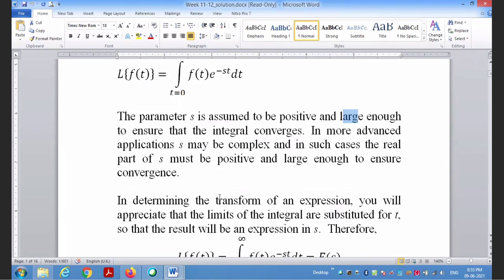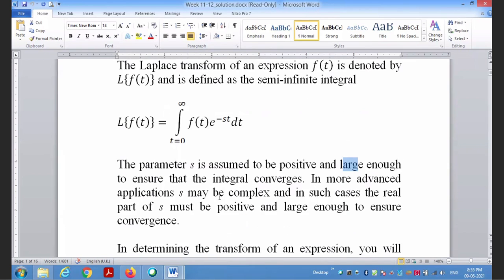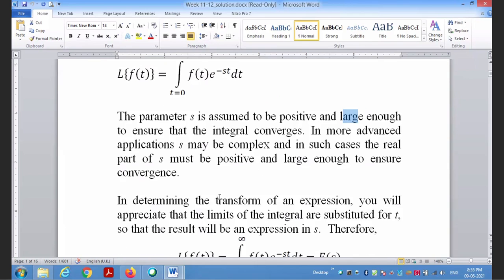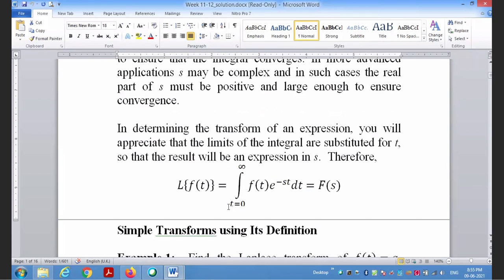Now, after you integrate this function f(t) times e to the minus st with respect to t, you will evaluate t between 0 and infinity. You set the value of t with this. When you evaluate this, the whole function is now in terms of s.